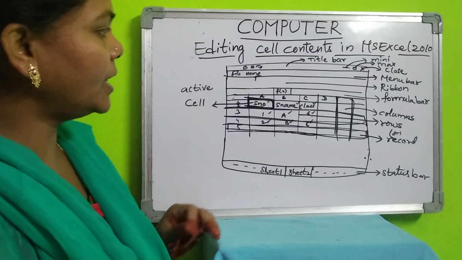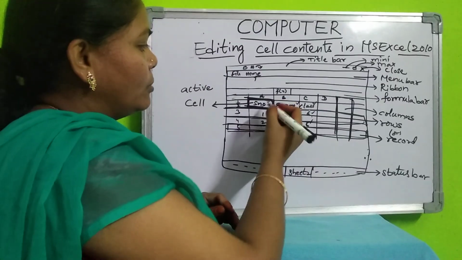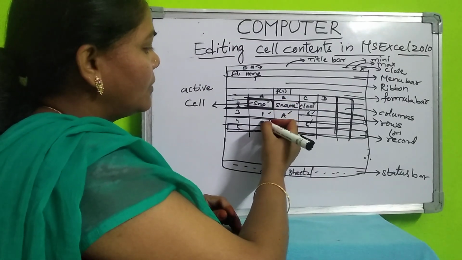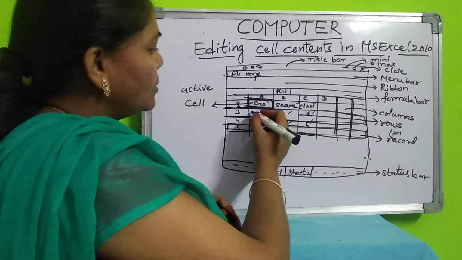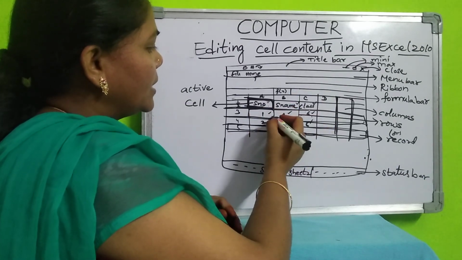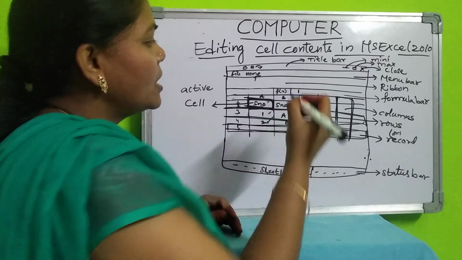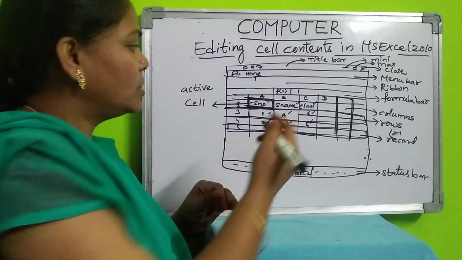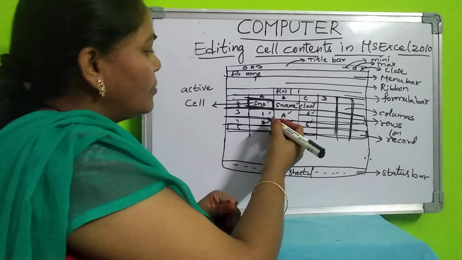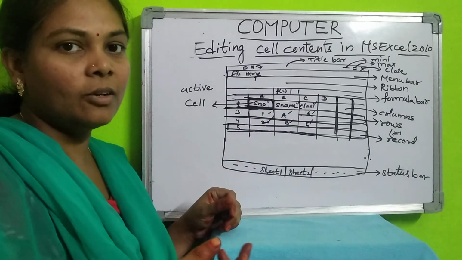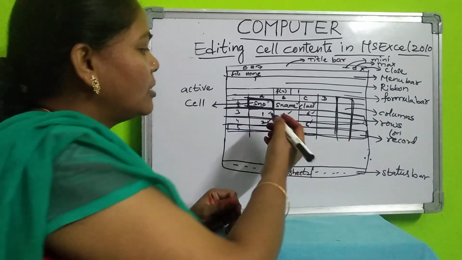How to edit any cell values. Here I have given 1. Whatever cell is selected, that value is displayed in the formula bar. To modify, you can overwrite it or you can partially modify it.